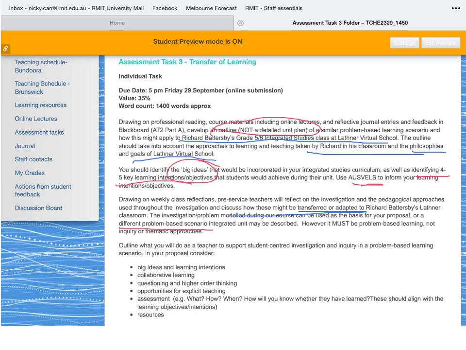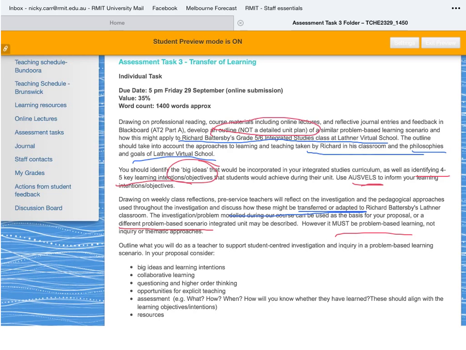What we're looking for is the extent to which you have thought about what might be different in a primary school setting, that you have reflected the philosophies and approaches of the classroom and designed some integrated curriculum that reflects those differences. That is also problem-based. Must be problem-based, not thematic and not a straightforward inquiry.